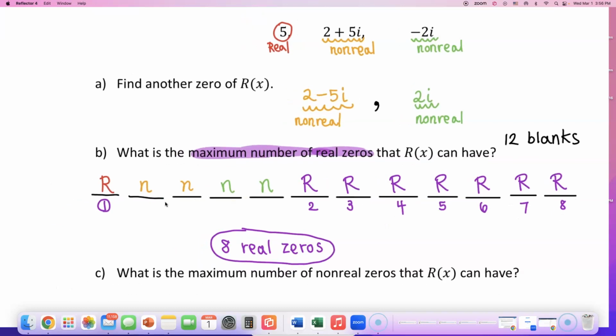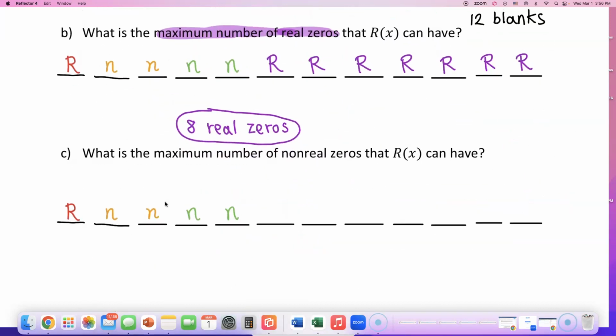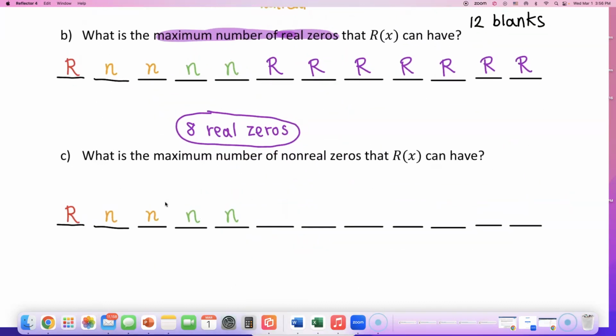It's going to be 8. Real zeros, I think, is the easy one because you can fill out all the rest of the blanks with R with no restriction, okay? But for non-real, we've got to be careful because remember, these always come in pairs. So make a note of that. Non-real zeros always come in pairs.